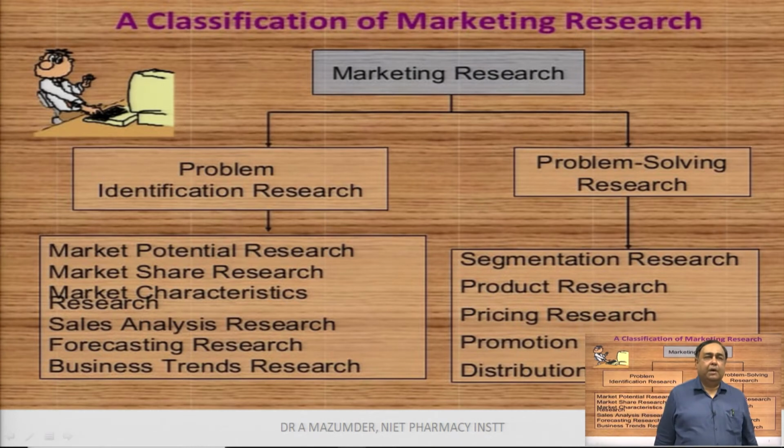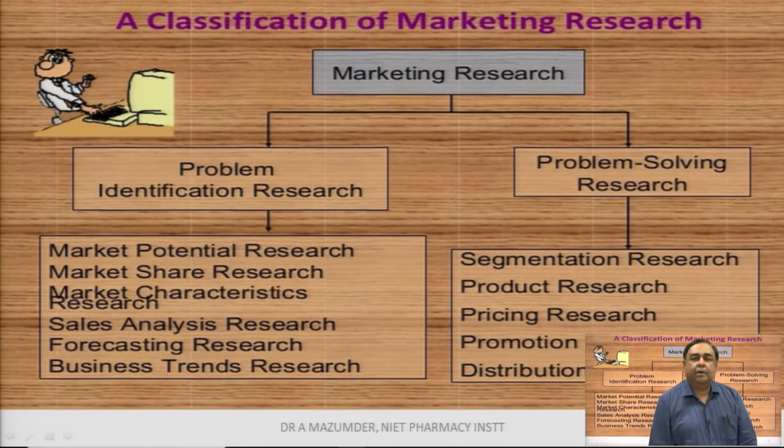Now, as far as market research is concerned, one is problem identification research, another one is problem solving research. Problem identification research mainly includes market potential research, market share research, market characteristics research, sales analysis research, forecasting research, and business trend research.